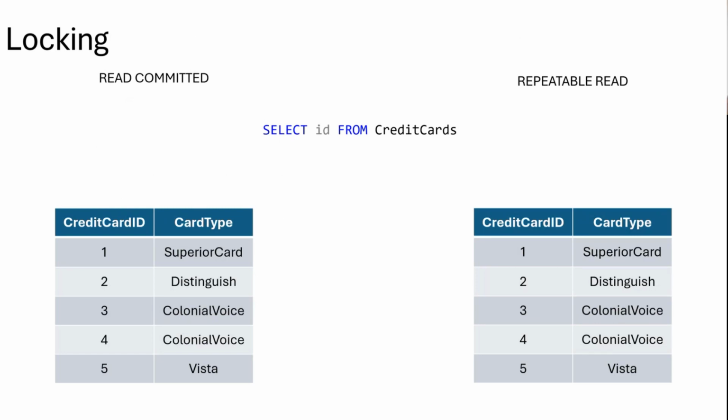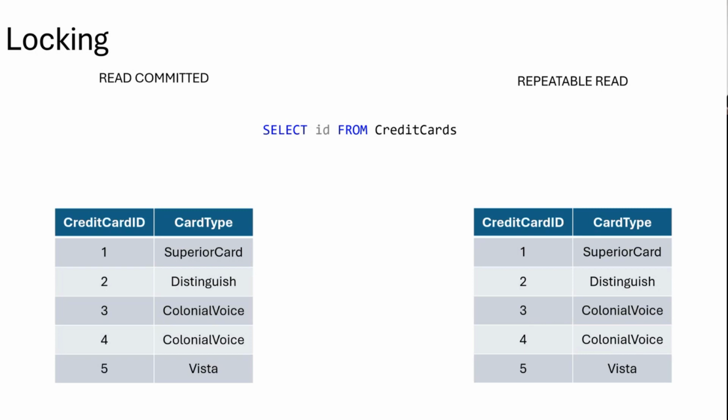But before we deep dive into the optimization of nested loops joins, I'd like to quickly go through how locking under two transaction isolation levels in SQL Server works. I would like to say a few words about read committed isolation level and repeatable read. Now, let's say we have a table called credit cards, and we have a simple select ID from credit cards.